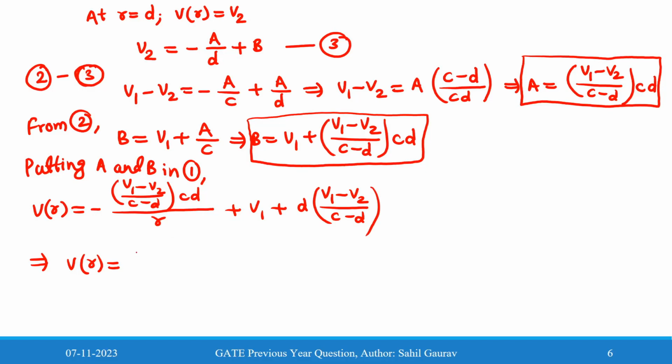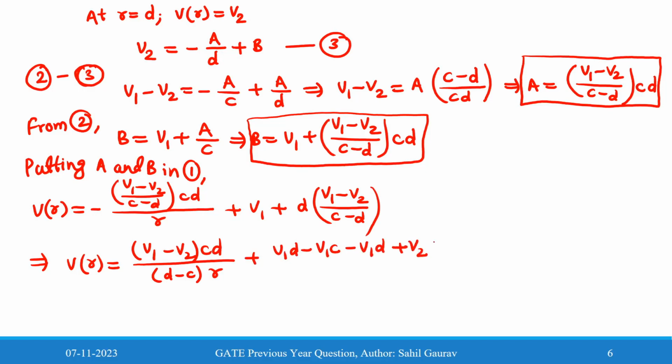So I can write one more step: (V1 minus V2) cd divided by (d minus c) r. So minus coming here: V1 d minus V1 c minus V1 d plus V2 d divided by (d minus c).